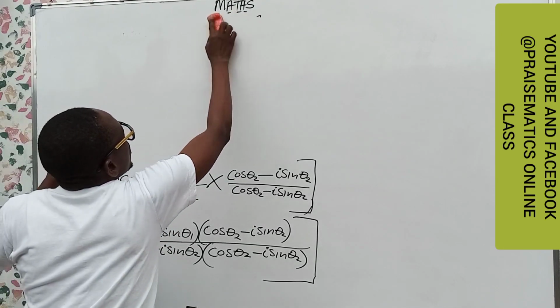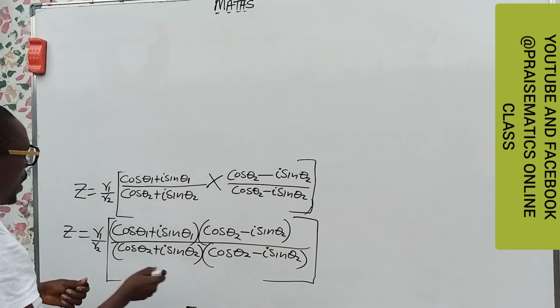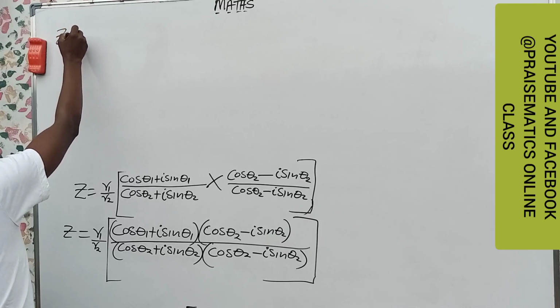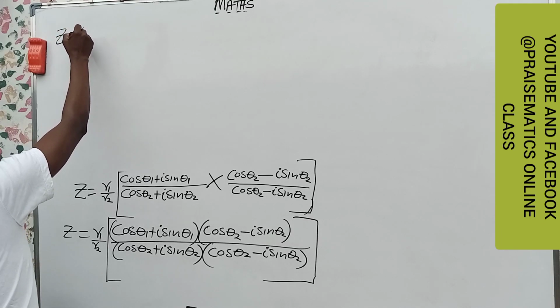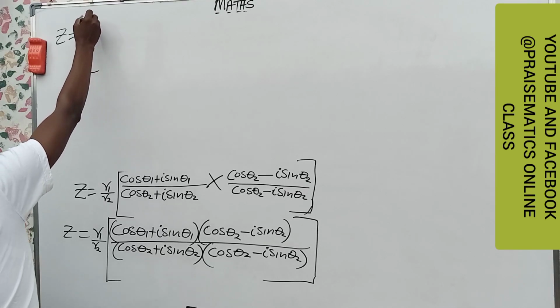Now let's work it out. Z is equal to R1 over R2 into bracket.